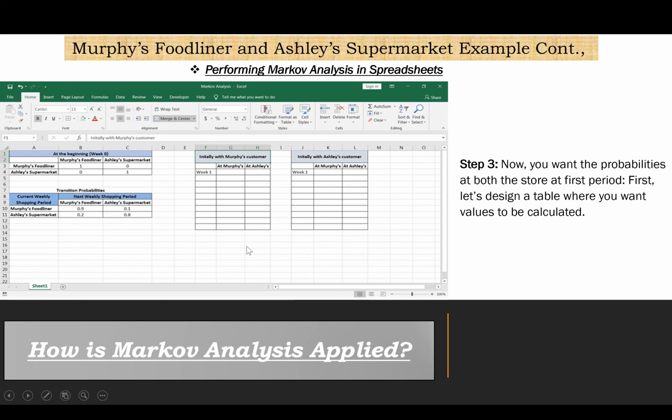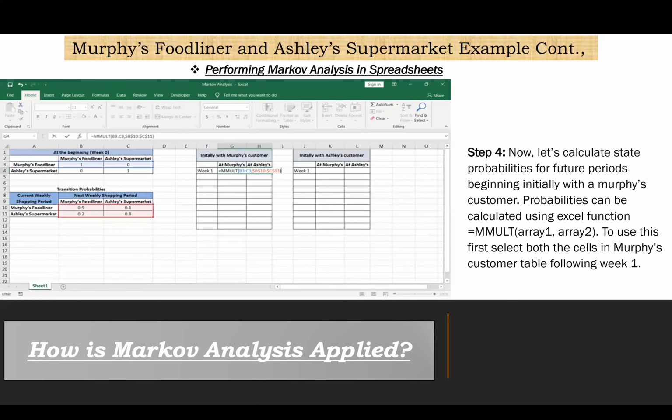Step 4. Now let's calculate the state probabilities for future periods, beginning initially with Murphy's customers. Probabilities can be calculated using an Excel function. It's rather small here to see on the representation of the spreadsheet, but we do have this here to the far right for further review.